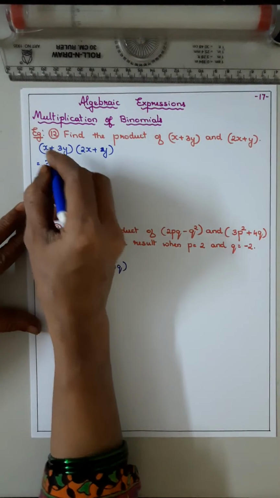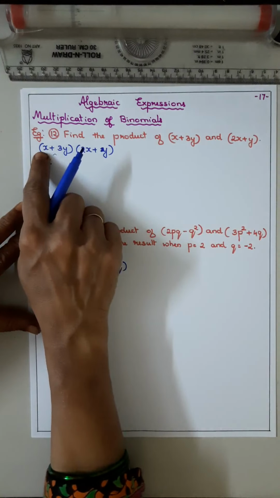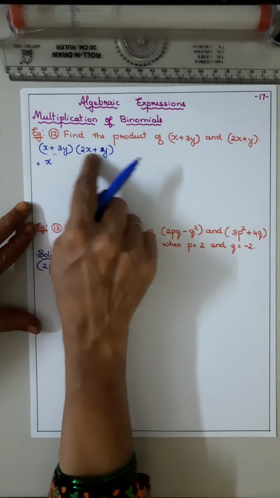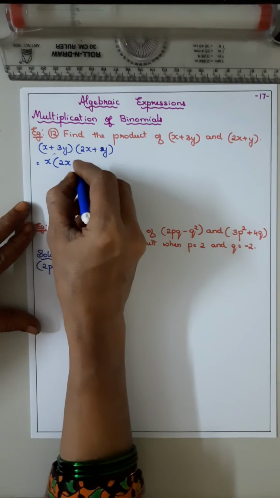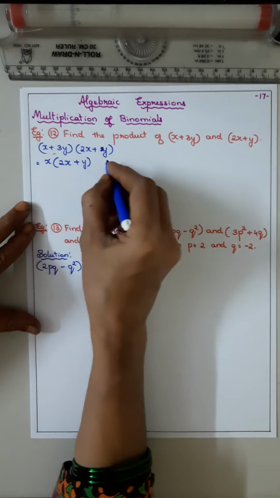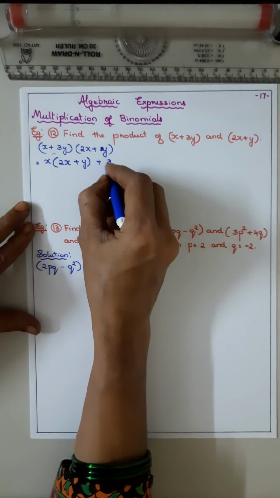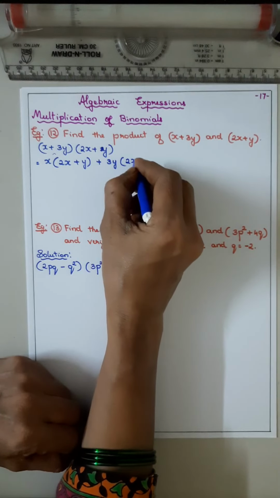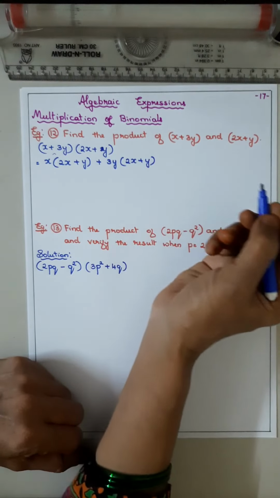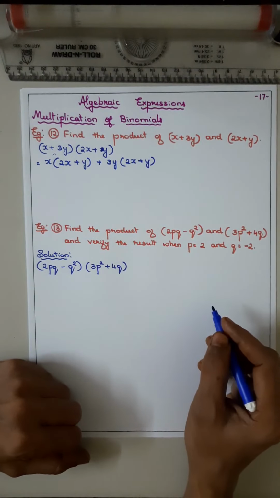First it is x, the first term, into the full 2x plus y. Now here the sign is plus. Now the second term is 3y multiplied by the full next binomial.